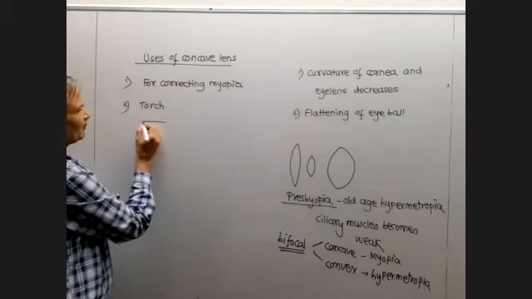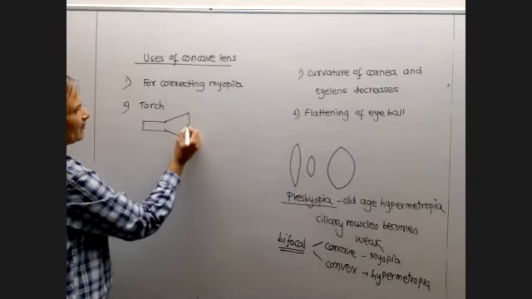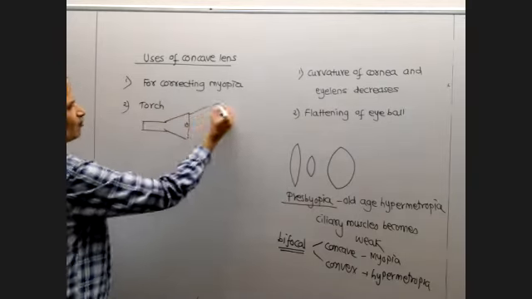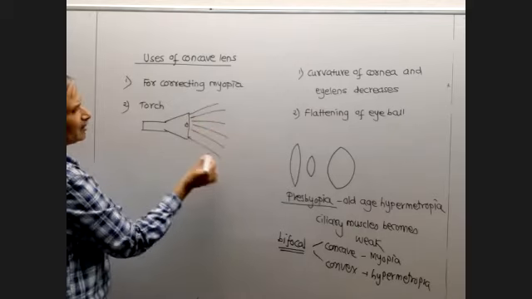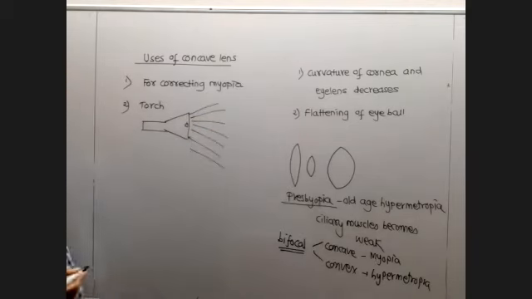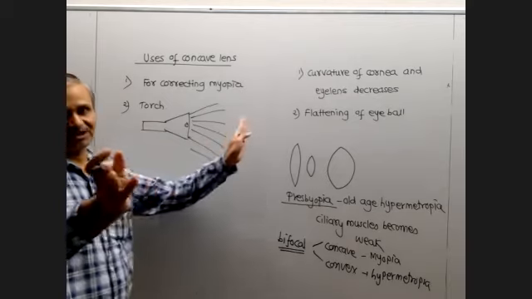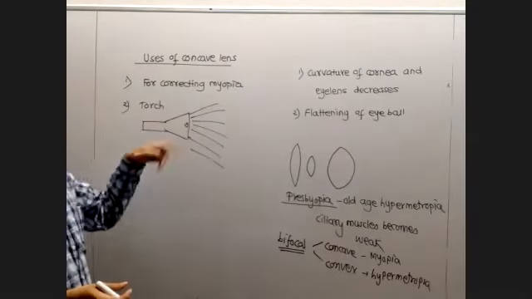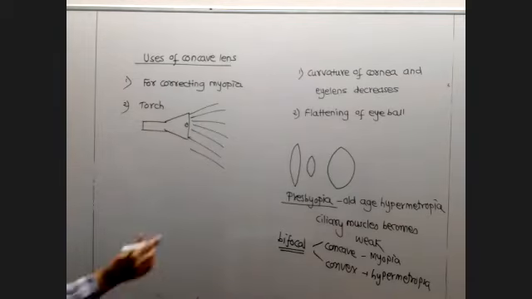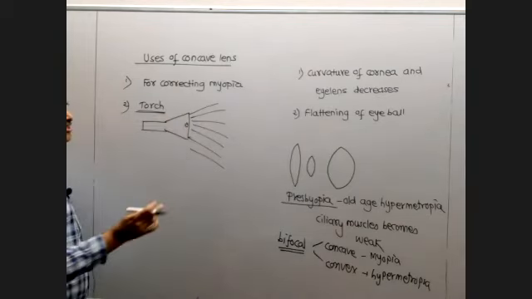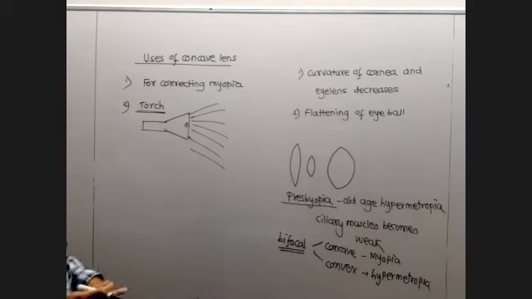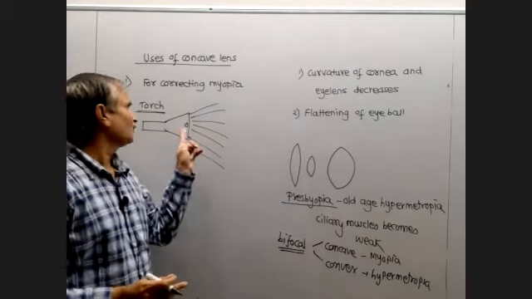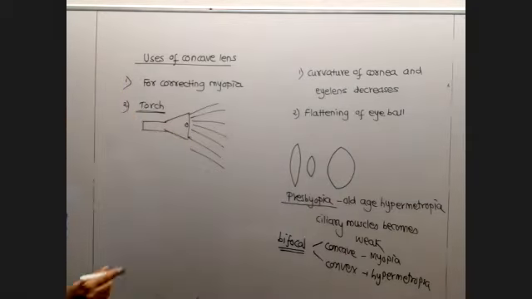Actually in a torch a very small bulb is there, but we want to spread the light in all directions so that we are able to see the next part and a wide range. So we want the diverging lens there. Which is the diverging lens? Concave lens. So that is why in the torch, to increase the wideness of the light from the small bulb, a concave lens is required.